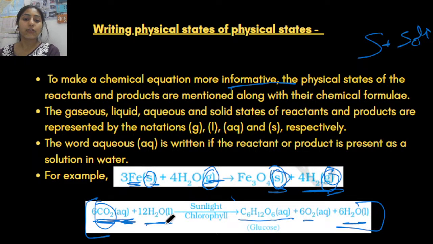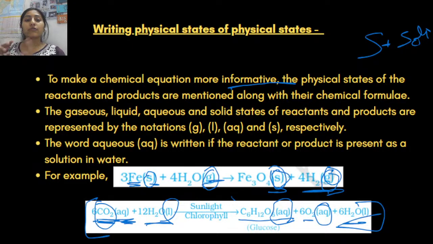Then again, water is present in liquid form, in the form of water that we give to the plants. Then the glucose that is forming is present in aqueous form again. Then oxygen is also present in aqueous form, which is released after the reaction. And then water is again present in the form of liquid.